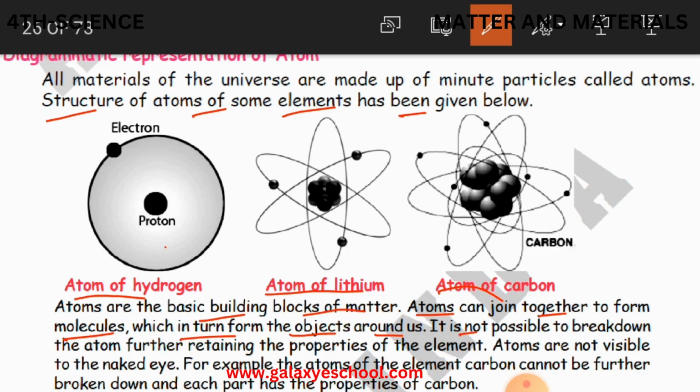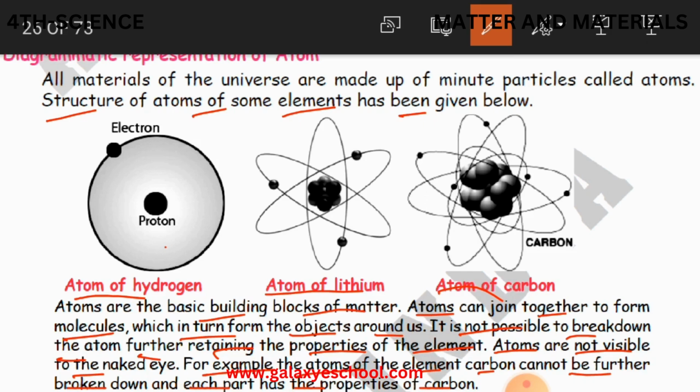It is not possible to break down the atom further while retaining the properties of the element. Atoms are not visible to the naked eye. For example, the atom of the element carbon cannot be broken down further and still have the properties of carbon. In simple terms, we cannot break down the atom.